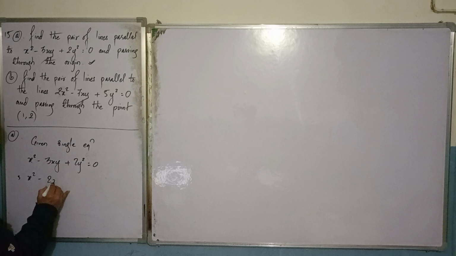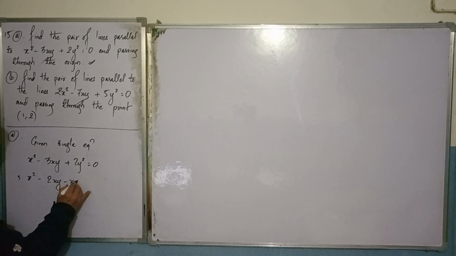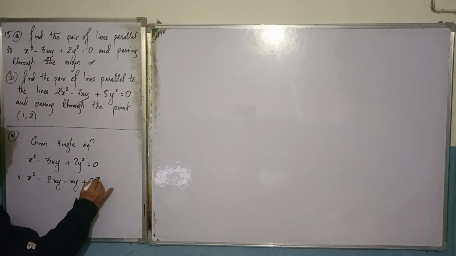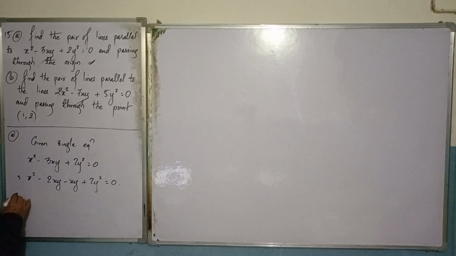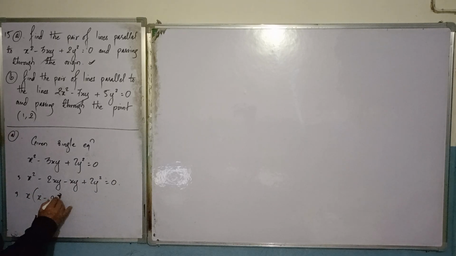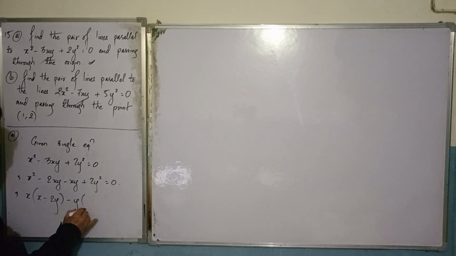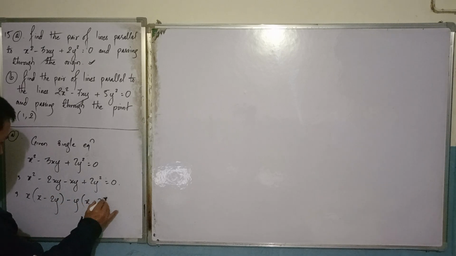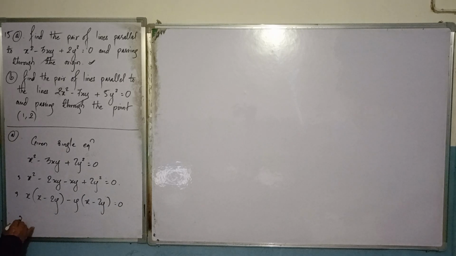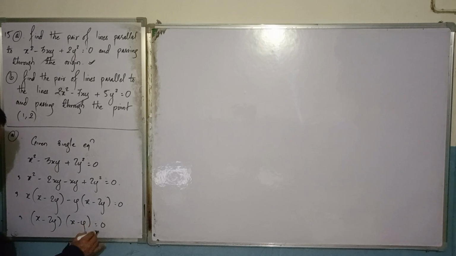I'm going to do here directly x squared minus 2xy minus xy plus 2y squared is equals to 0, or x common, x minus 2y, minus y, x minus 2y is equals to 0, or x minus 2y and another x minus y is equals to 0.